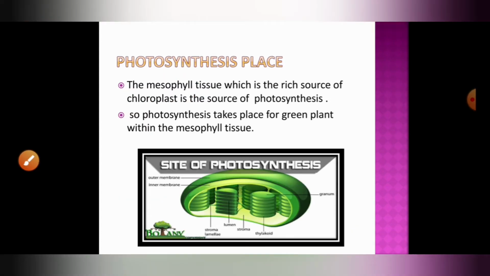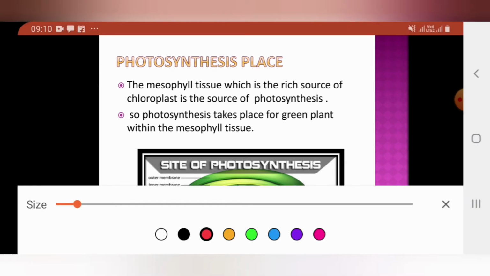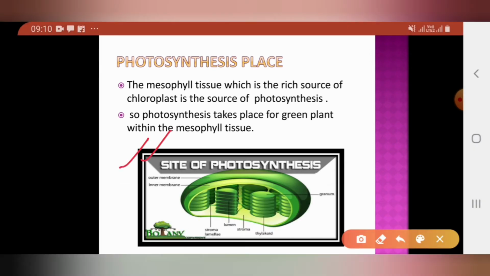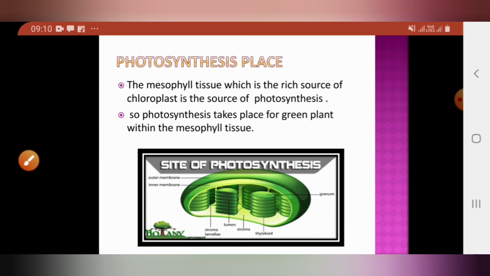So, here you can see the picture of the chloroplast. In the chloroplast, this liquid substance is known as the stroma, and this round-shaped structure is known as the granum. In those places photosynthesis generally occurs within the chloroplast.